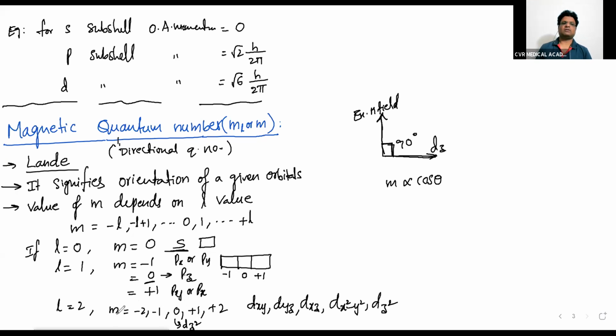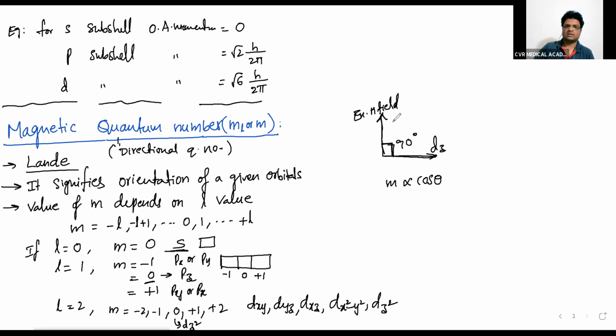So the 5 values of m correspond to 5 d orbitals. Especially, the magnetic quantum number value itself has no significance, but the number of m values has significance. Whether m has only 1 value, 3 values, 5 values, or 7 values gives us the information on the number of orbitals present in a given subshell.